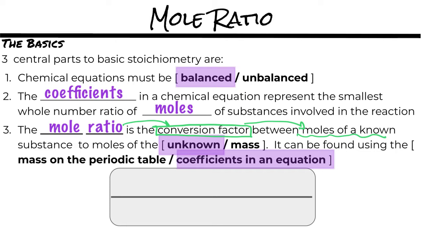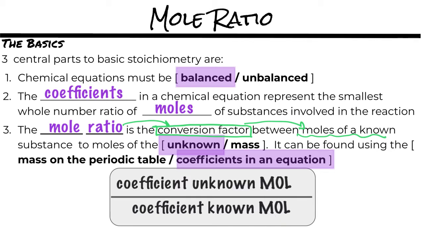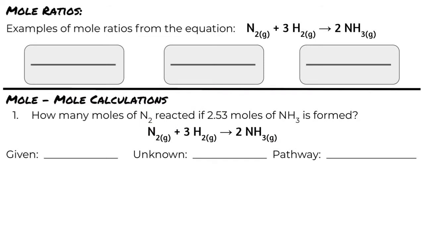So our conversion factor from getting from the known to the unknown is the coefficient of the known with the unit of moles on the bottom, and the top of our conversion factor is the coefficient of the unknown with the unit of mole. So we could take a look at a balanced chemical equation such as the one on the previous page and develop some different mole ratios based on the coefficients.